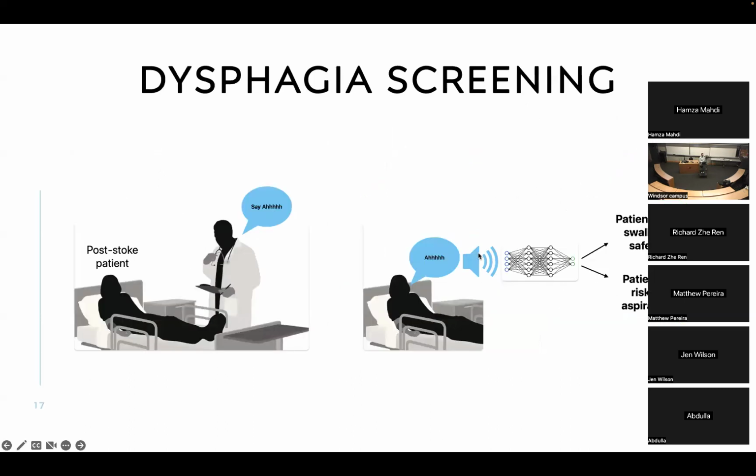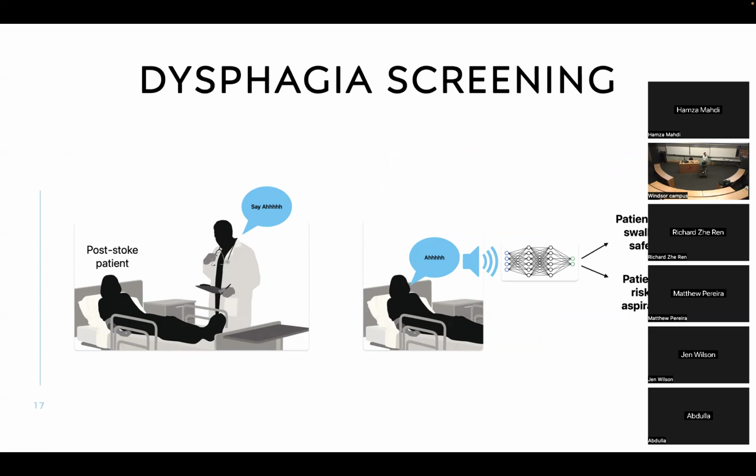So lots of potential. Another project that I also worked on, this one I like to share because we made this one open source. Essentially, when a patient has a stroke, they may not be able to swallow, and it can be assessed by a speech language pathologist by having them speak words and try to drink some water.